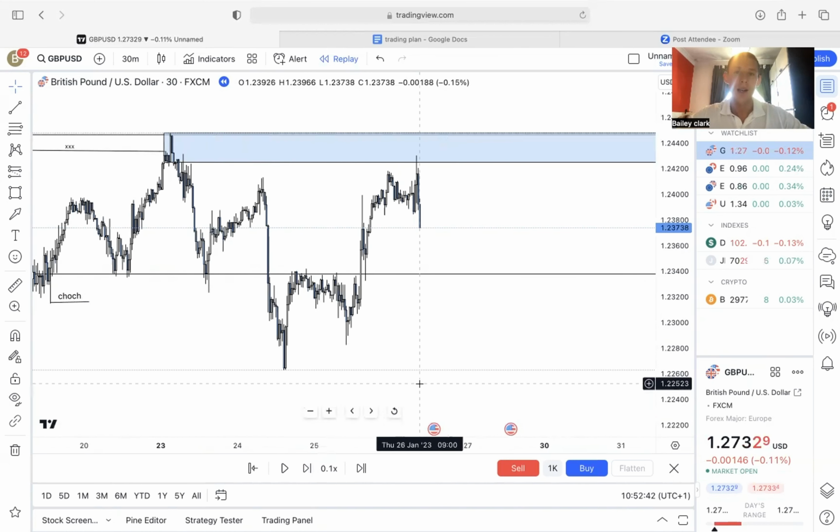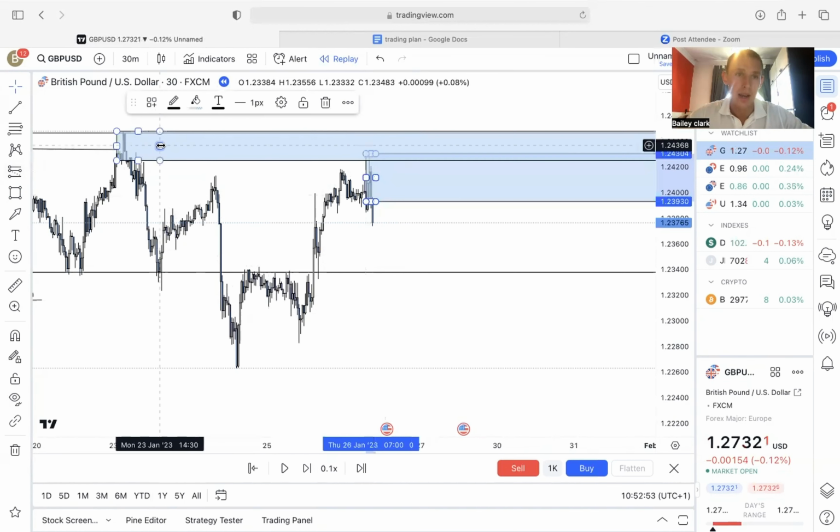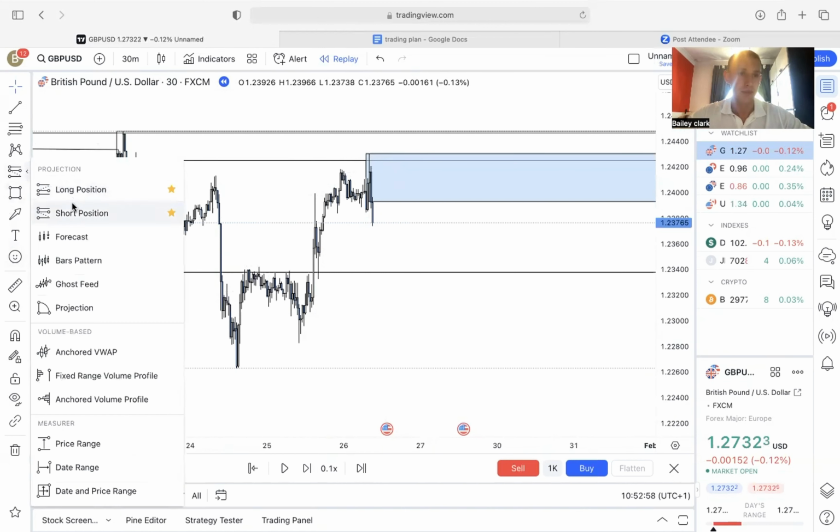like so, and the lower time frame entry model, once again, sweep of liquidity, break of structure, and then this was the candle that swept the liquidity and caused the break of structure. Therefore, this is the area where we set the limit.